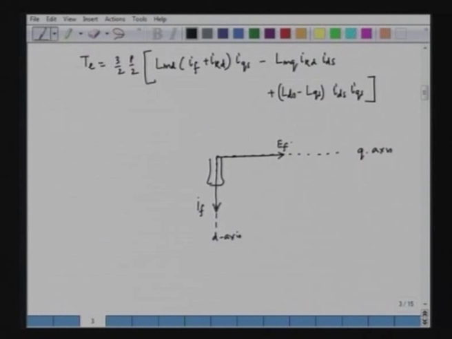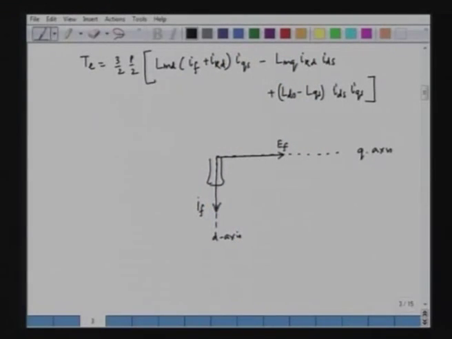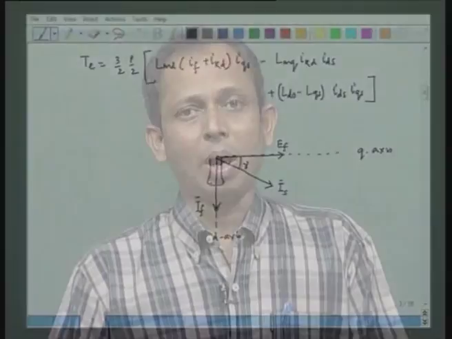The armature current phasor can be in any arbitrary direction. This is the current phasor IS, the current of the stator. All these are phasor quantities, and this angle is gamma. This IS can have two components, one along the d axis and the other along the q axis.